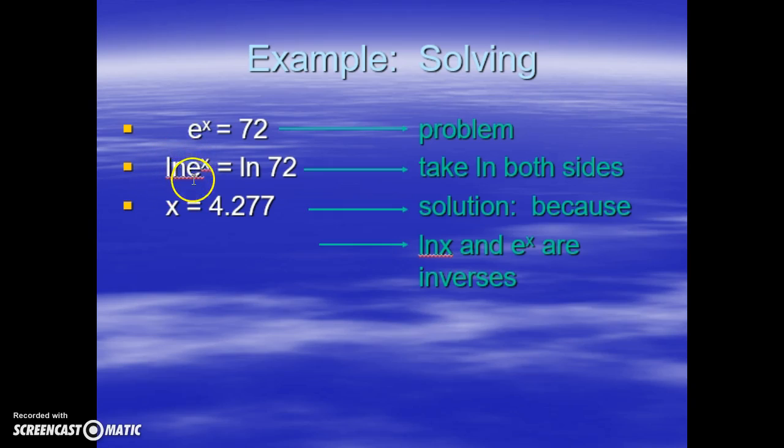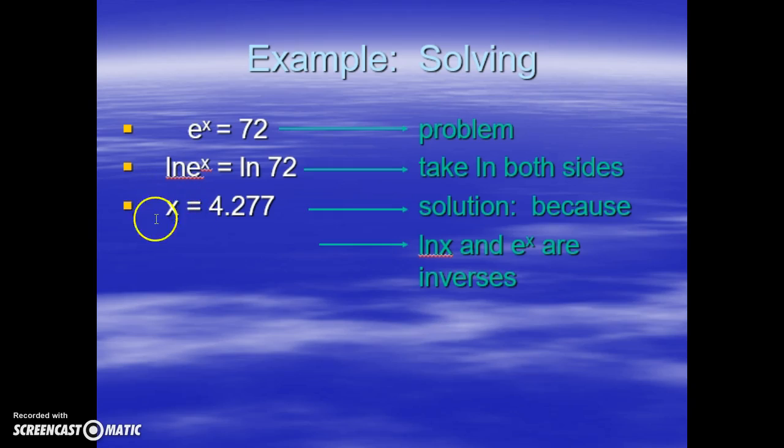Well, natural log of e to the x is just x, because natural log of x and e to the x are inverse functions and they undo each other. So all that leaves me with was the initial input value. I put x into the e function, I put e to the x into the natural log function, and it mapped me back to where I started.